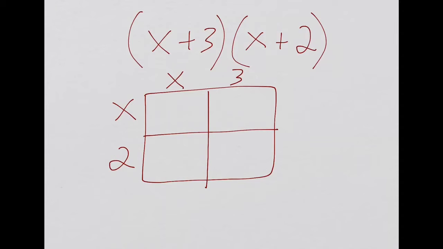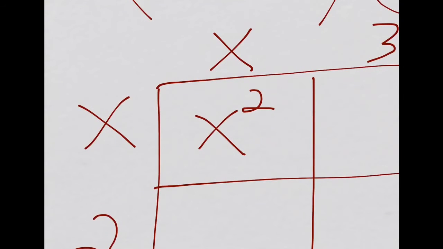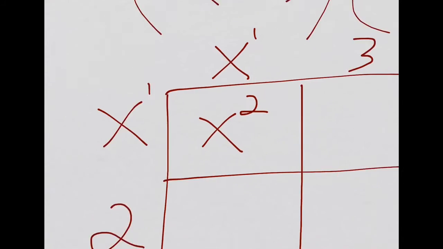To find out the area of each little box, I'm going to multiply length times width. x by x gives me x squared. If you're not super familiar with how to multiply variables, remember that x by itself has an invisible exponent of 1. When you multiply variables, all you do is add the exponents. So 1 plus 1 gave me 2.